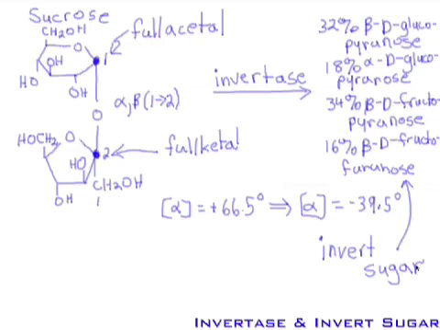Now, invert sugar tends to be less crystalline than sucrose due to the large mixture of constituent monosaccharides. Honey is made up mainly of invert sugar. When you have a lot of different structures and you try to crystallize them, often it is possible to get a non-crystalline oily product.